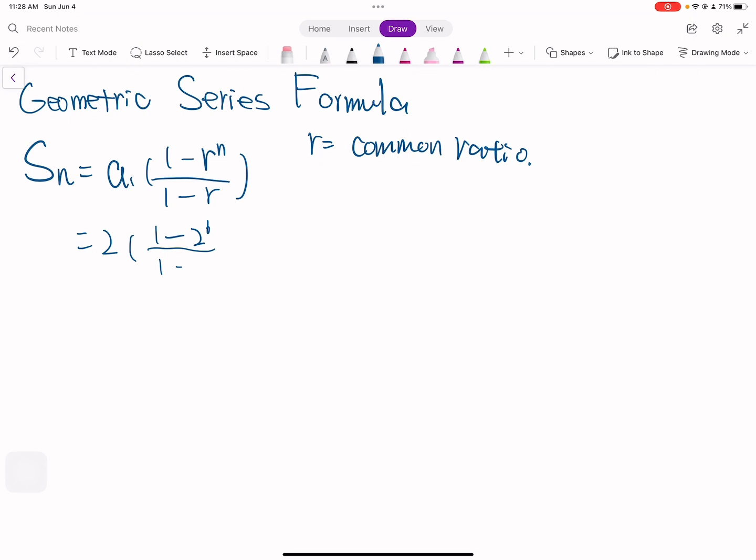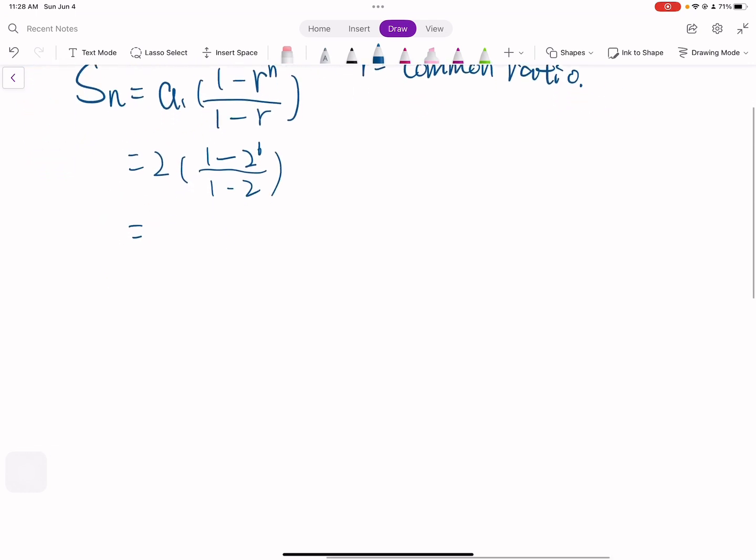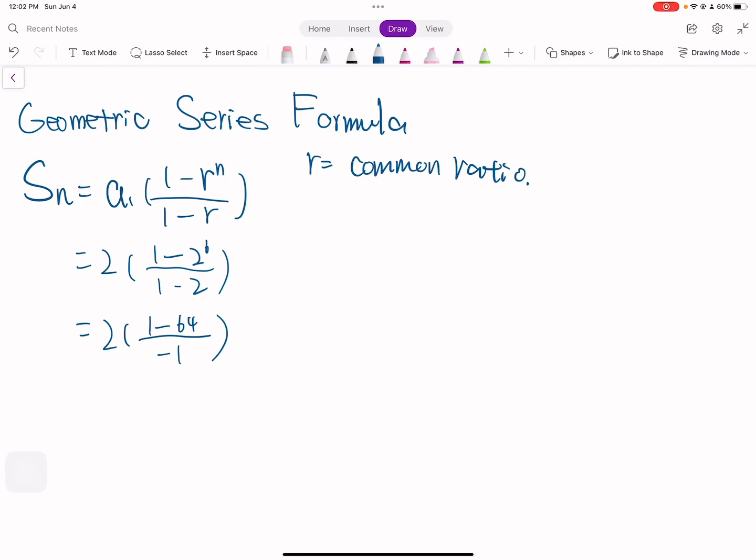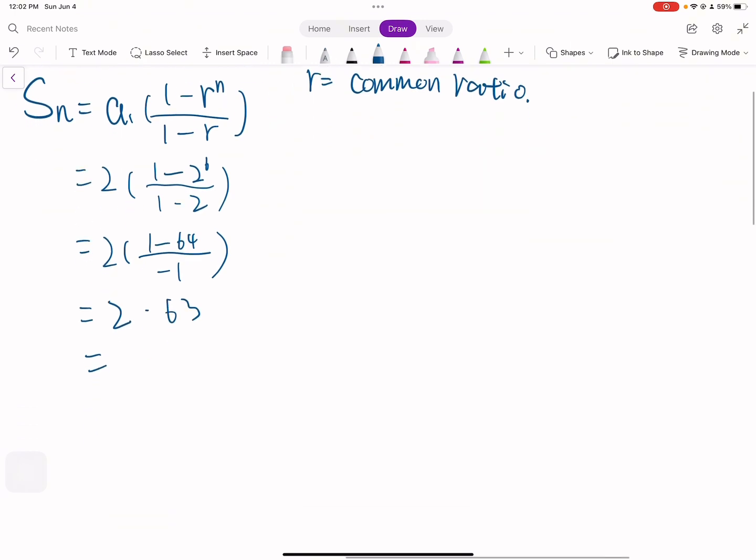So r is the common ratio. And then we just calculate this. This equals 2 times 1 minus 64 over -1, which should be 2 times 63, which is finally 126.